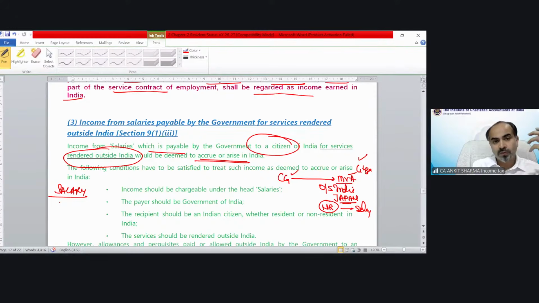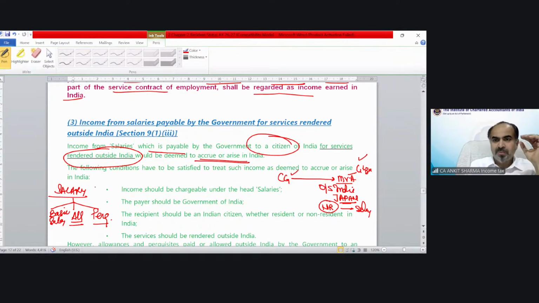Day after tomorrow, we will start the salary head of income. So the detail of this salary you will come to know from day after tomorrow. But for the time being, in a salary, basically there are three main components. One is basic salary, one is allowances, and then perquisites. What are allowances? What are perquisites? What is basic salary? Everything is going to be discussed from day after tomorrow.